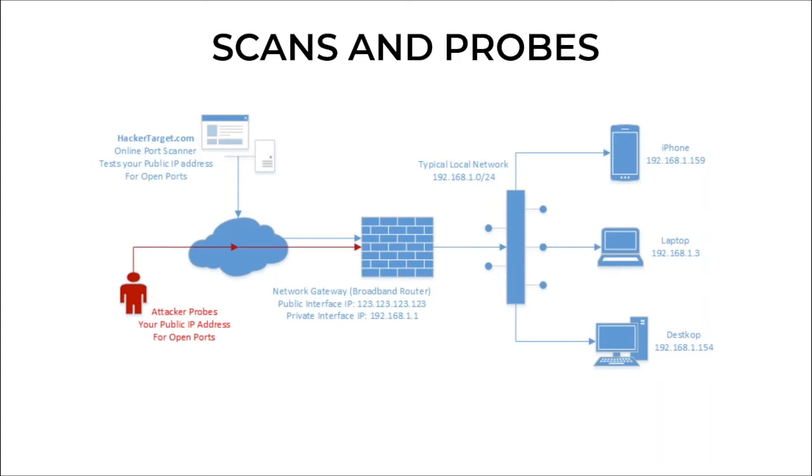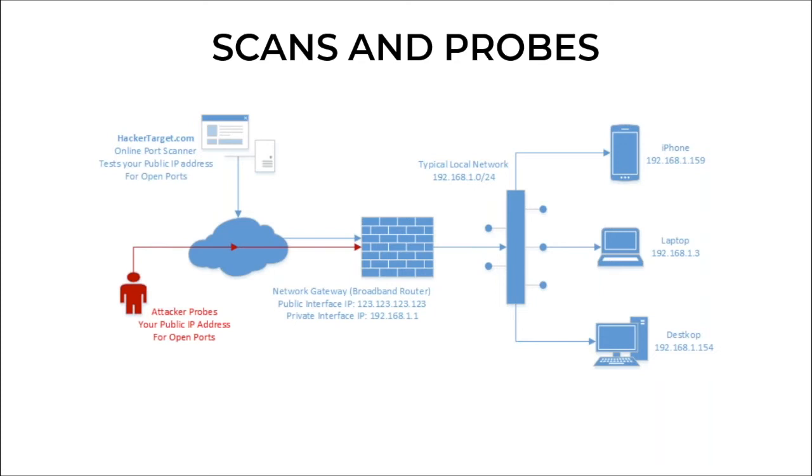When we talk about scans and probes, the main possibility is that the attacker tries to hit your IPs and ports continuously on your network to find out if there are any open ports.